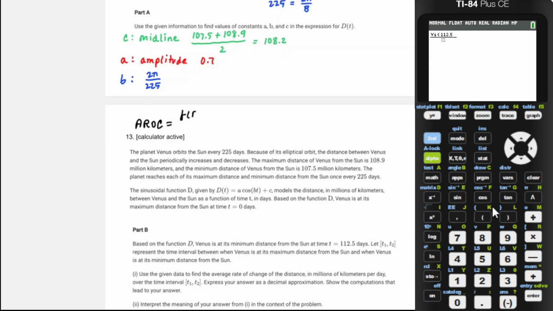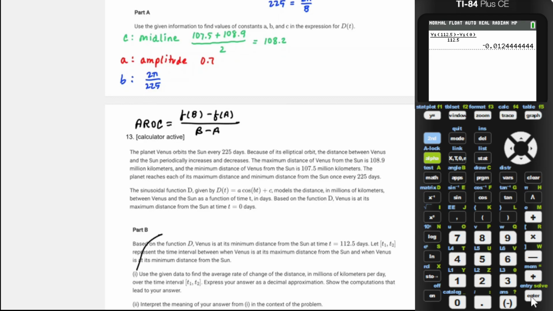That's going to be f of b minus f of a divided by b minus a. So I'm going to do d of 112.5 minus d of 0, which if you remember what that is, that's fine. But if not, you could just plug in y1 of 0, divided by 112.5 minus 0. And then I will let that compute. And so showing the setup for my calculation, or show the computations that lead to my answer.